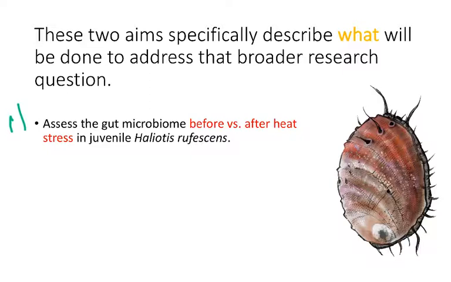So specifically in this first aim, the additional information we're giving is that we want to assess the gut microbiome, so basically see who is there, what bacterial species are there, before the juvenile abalone have been exposed to warm temperatures, and then also after they've been exposed to warm temperatures. So this is a specific aim that is saying specifically what's going to be done to assess those microbiome characteristics.